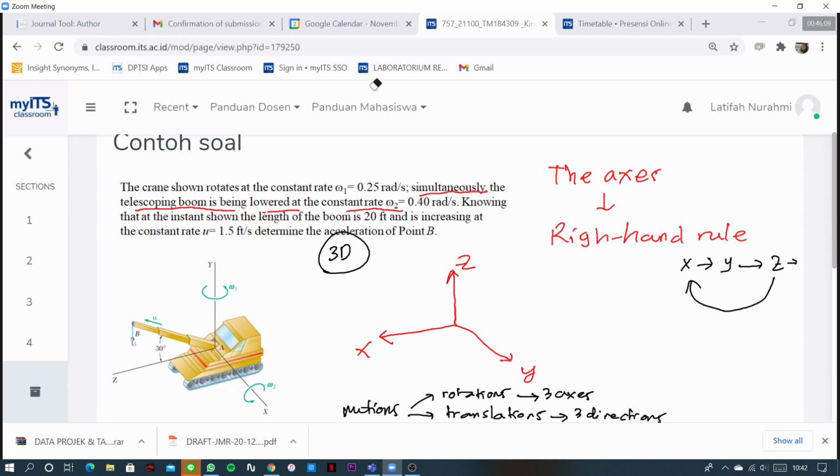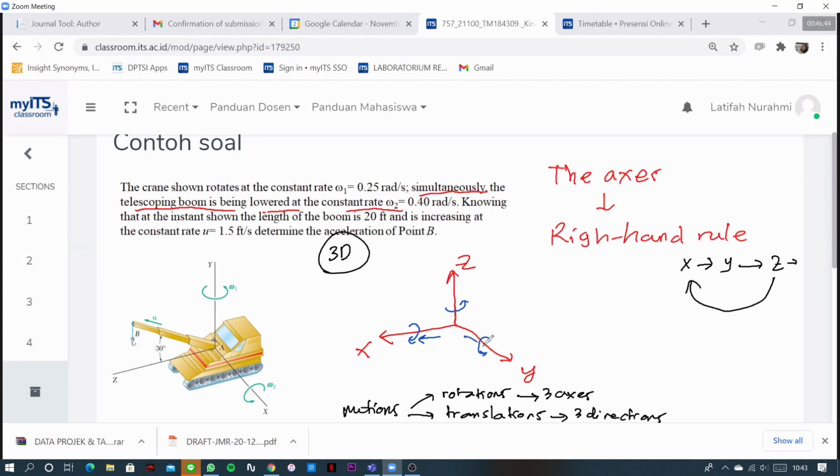Okay, now if I draw it here in my three-dimensional space, the rotation means I can have rotation about x-axis, I can have rotation about y-axis, right? Then I can also have a rotation about z-axis. Likewise, the same for translations, I can also move about x direction, translate or linear.